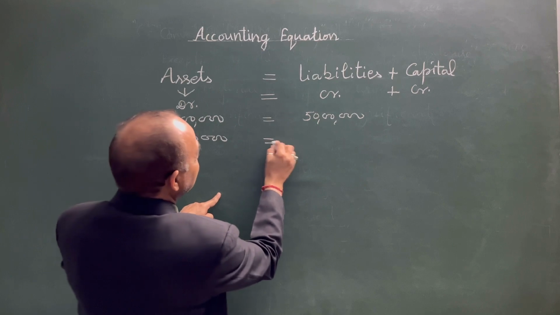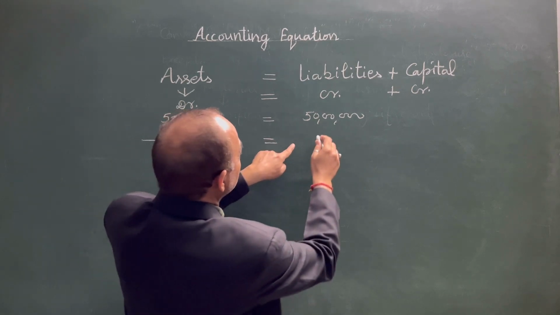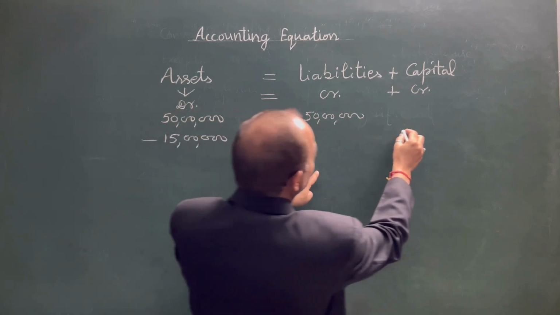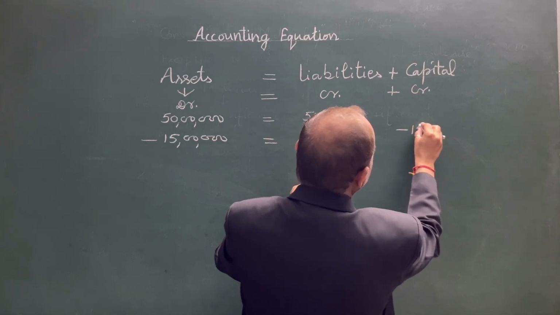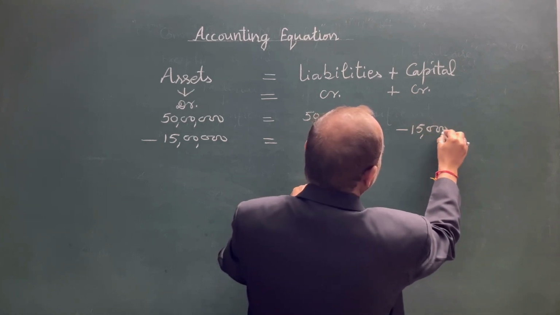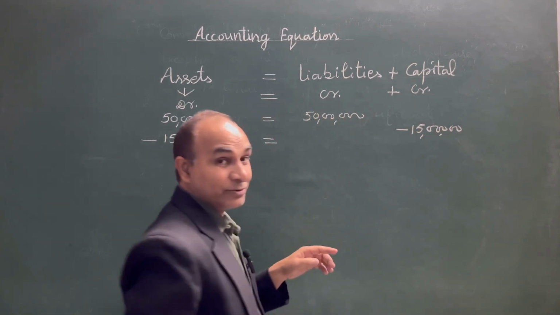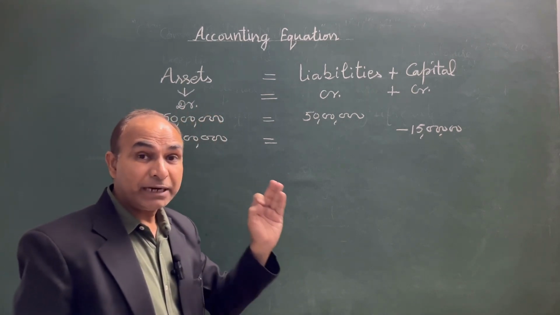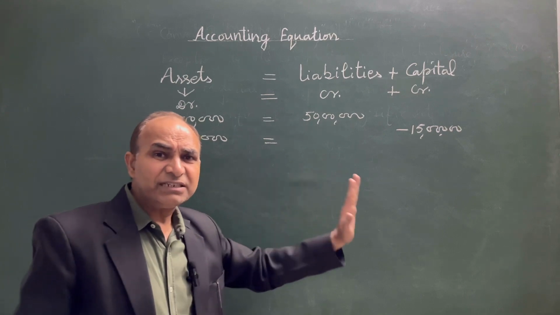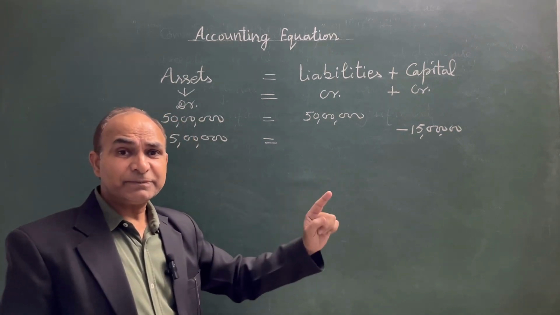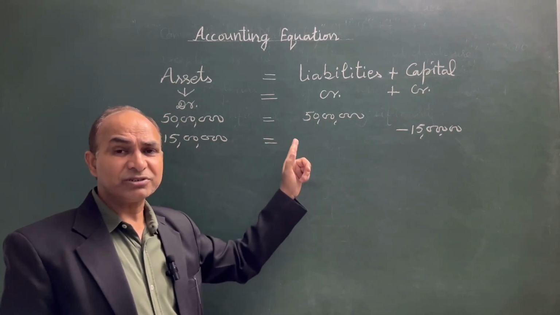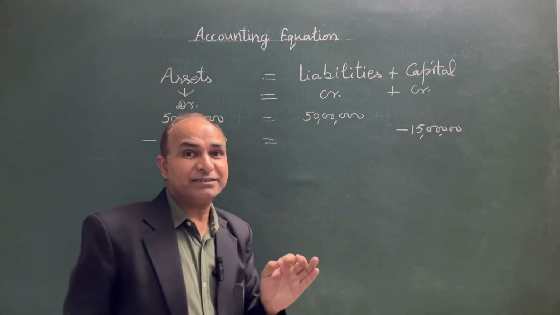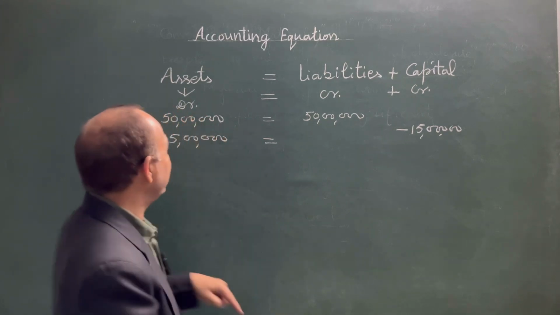On the other hand, it is deducted from capital, because expenses are always deducted from capital. So I wanted to prove that the effect and impact of each and every financial transaction on the accounting equation is in such a way that assets are always equal to liabilities plus capital.